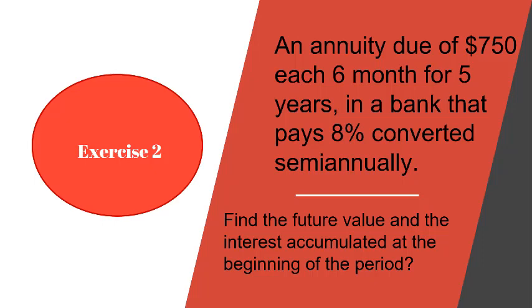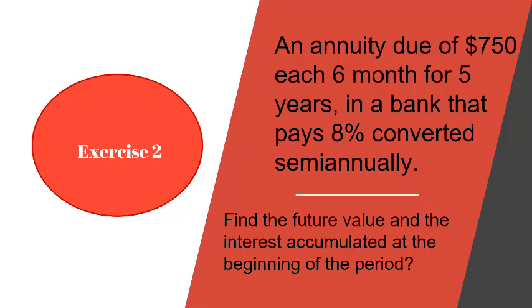Another exercise. Exercise number 2. An annuity due of $750 each 6 months for 5 years in a bank that pays 8% converted semi-annually. Find the future value and the interest accumulated at the beginning of the period.